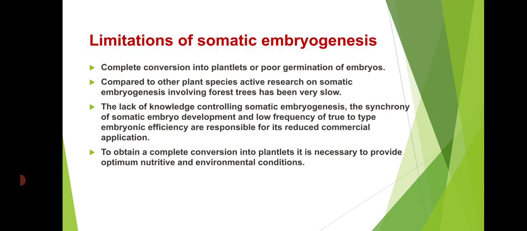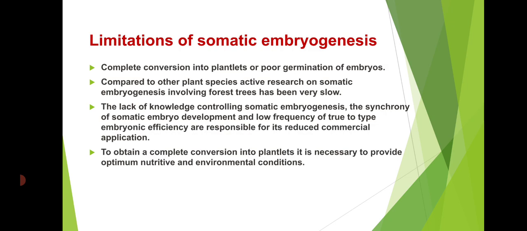Okay. The lack of knowledge controlling somatic embryogenesis, that is the synchronicity of somatic embryo development and low frequency of true type of embryogenic efficiency, are responsible for the reduced commercial application, because it is not always turned into a complete success. But to provide aseptic conditions and other physical factors, it is economically very high, that financial expenditure is very high.